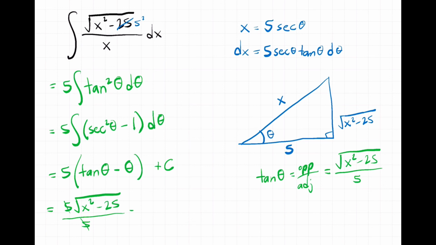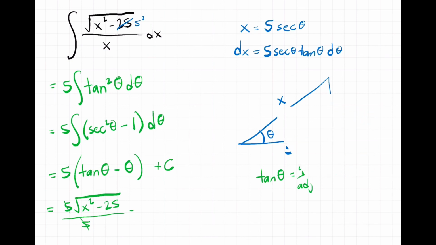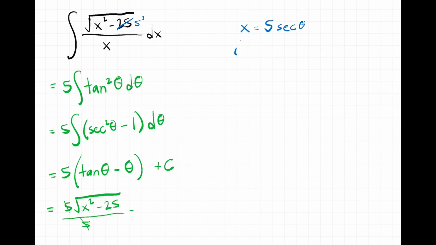Well, to figure out what theta is, I'm going to erase this triangle and all this stuff so I have room. And I'm going to go back and look at my original substitution that I did. X equals 5 secant theta. We just need to solve for theta. So let's divide by 5. X over 5 equals secant of theta.